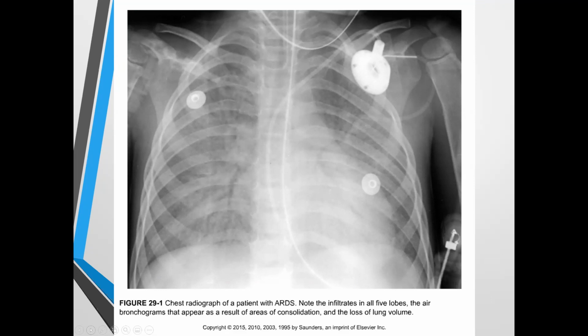It lets you better see, and your air bronchograms would be through here and through here. You're not supposed to be able to see this. In this particular case, you are. It appears as a result of areas of consolidation and loss of lung volume. So there's consolidation here and here, but you have these air bronchograms around here, and this one here as well.